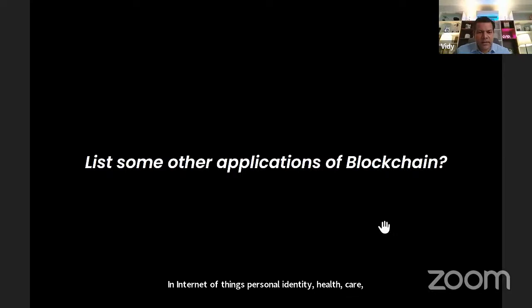Internet of Things is also, I could say, it's not an application of blockchain, but you can use it along with blockchain. Internet of Things is a way to capture data, and blockchain is a way to store data.